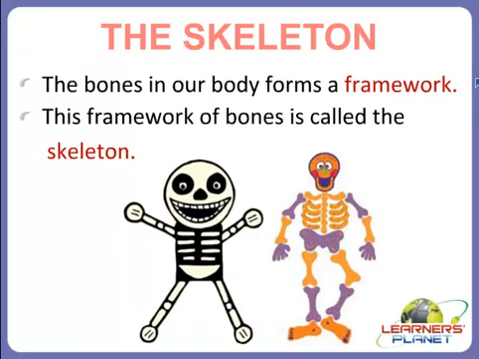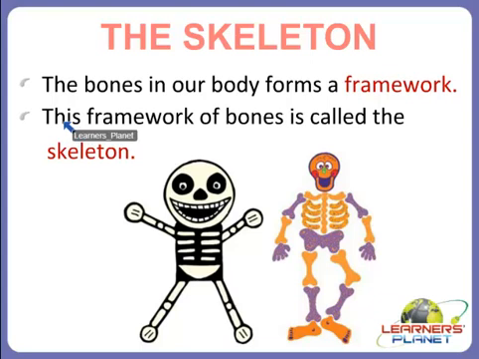Now children, we will study about the skeleton. So children, we can see that the bones in our body form a framework. So what is actually a framework? The strong part of something which gives it some shape is called a framework.